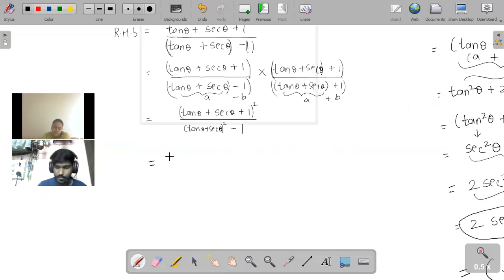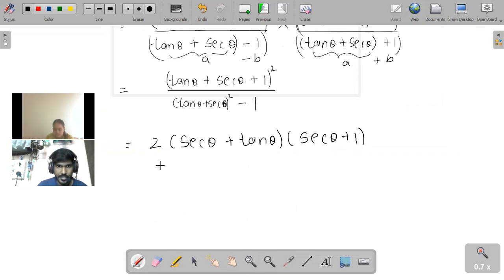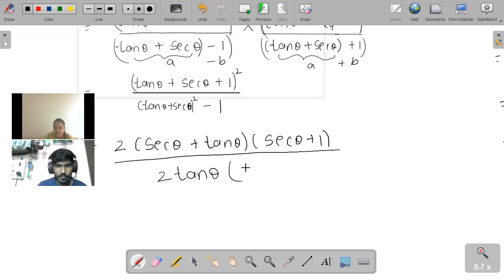So 2 in the bracket sec theta plus tan theta, second bracket sec theta plus 1, and in the denominator 2 tan theta. 2 tan theta is together, not in a bracket. 2 tan theta, and in the bracket, tan theta plus sec theta. Now, can you see something getting cancelled?